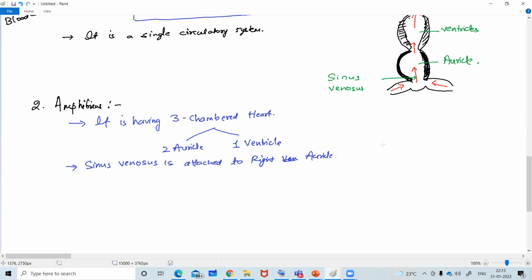So let me draw the structure. We'll try to explain you with the structure. So there is one opening here. It's not going that much deep. So from here you can extend it like this.